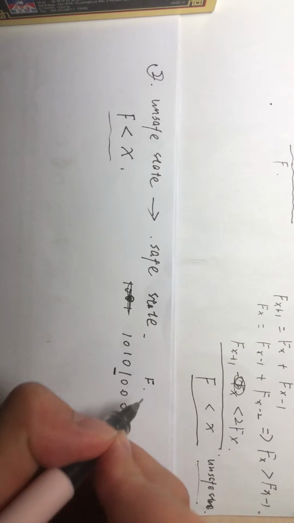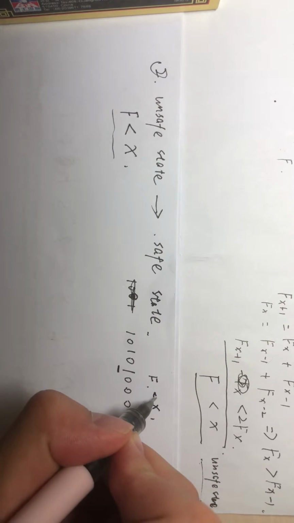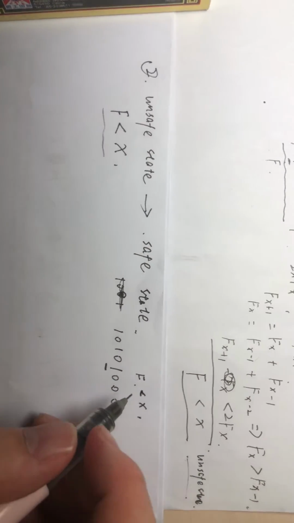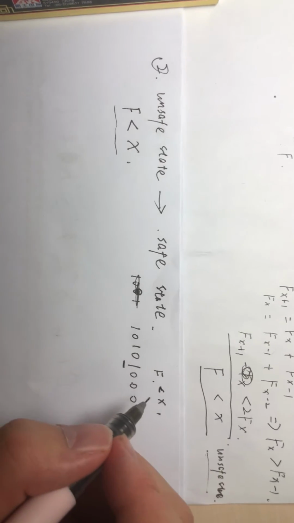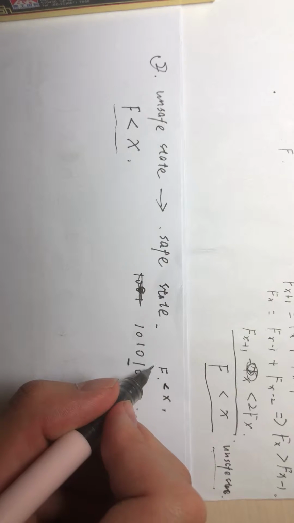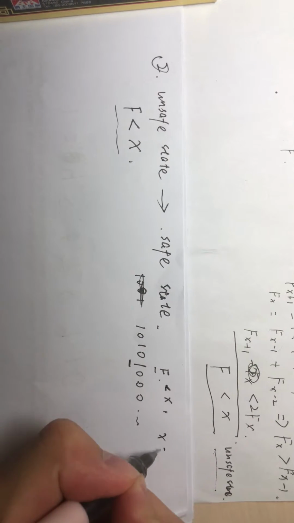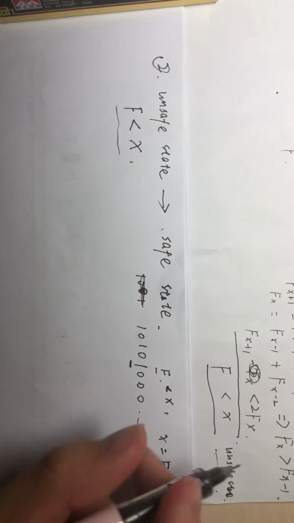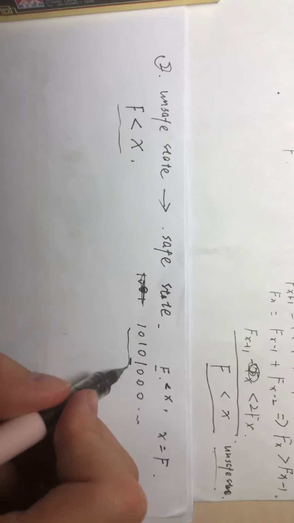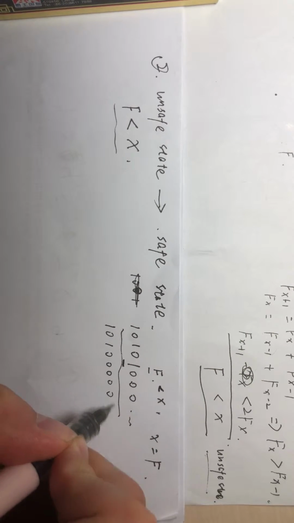This is f and smaller than x. Our winning strategy is that we just need to remove f number of stones. So we make s equal to f, and the remaining part is 1 0 1 0 0 0 0 0.